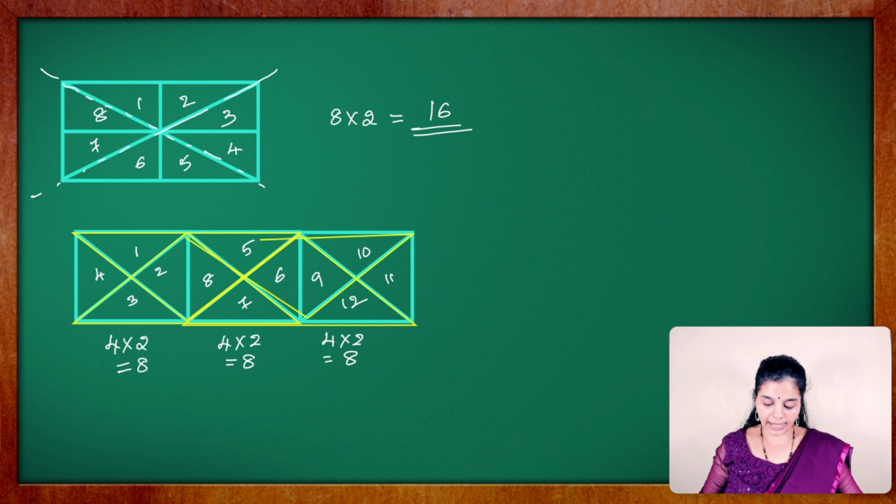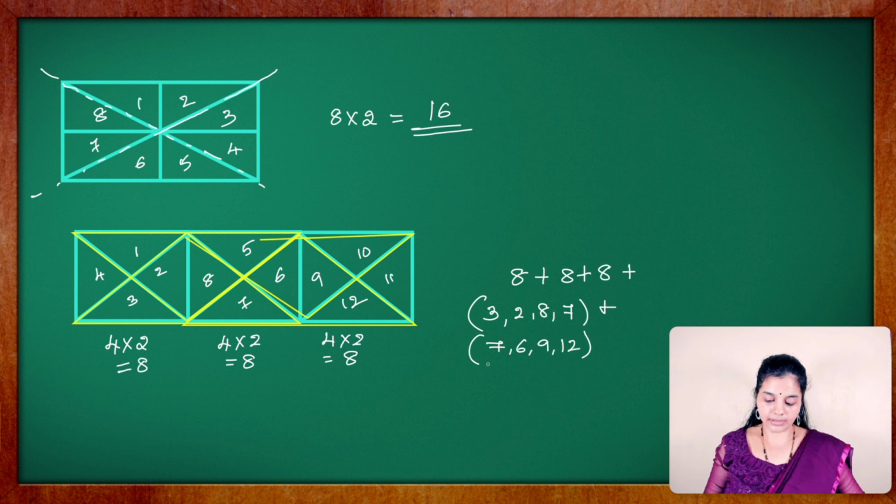So we have to add all these to get the total number of triangles. So we have 8 plus 8 plus 8. Along with that, the triangle which is obtained by the combination of triangles 3, 2, 8, 7. So that is one triangle. Then we have 7, 6, 9, 12, the other triangle.